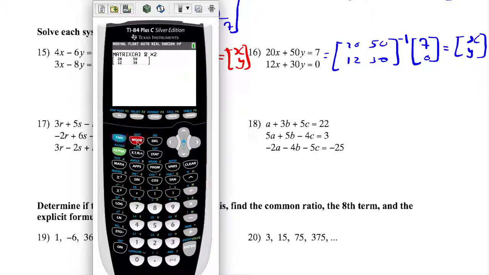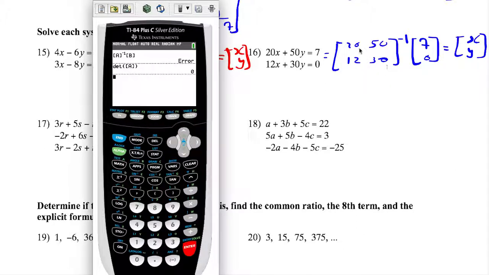So what actually happened here was we can check this out by looking at the determinant of matrix A. It's 0. Notice, 20 times 30 is 600, minus 50 times 12, well, 5 times 12 is 60, with another 0, 600. So this is 0.